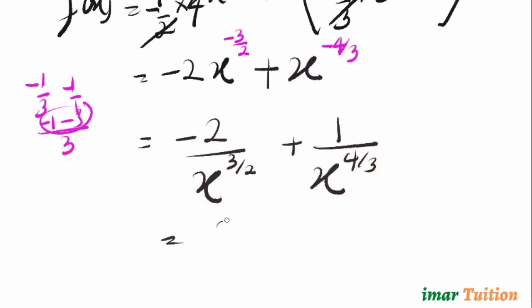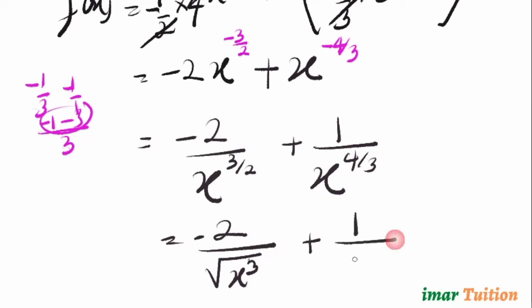This can be written as minus 2 over square root of x raised to the power 3, plus, this can be written as 1 over cube root of x raised to the power 4.